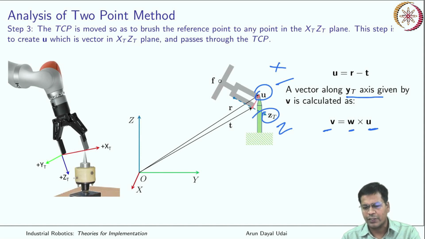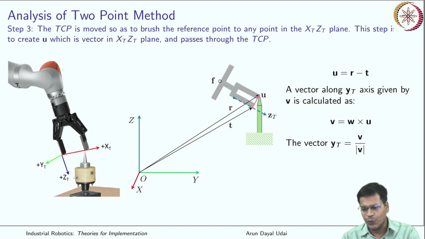So the cross product of those two will give you a vector which is perpendicular to the ZX plane. Any vector perpendicular to the ZX plane will be parallel to YT.